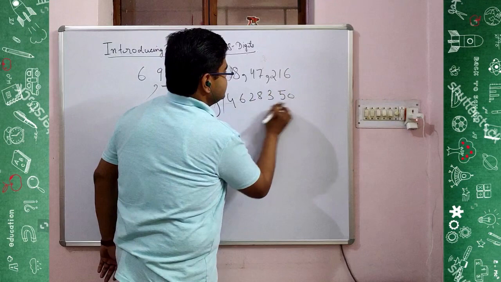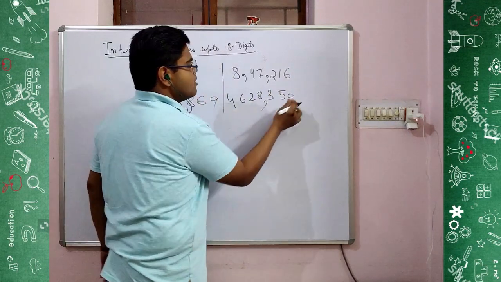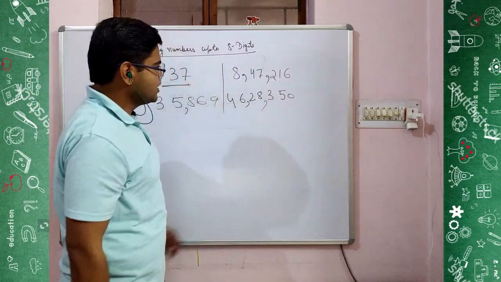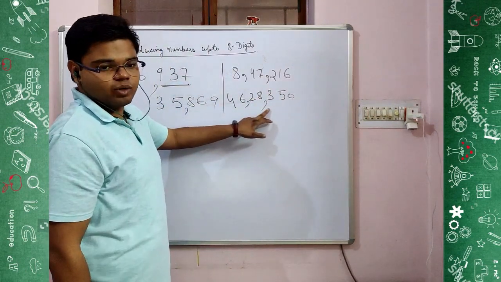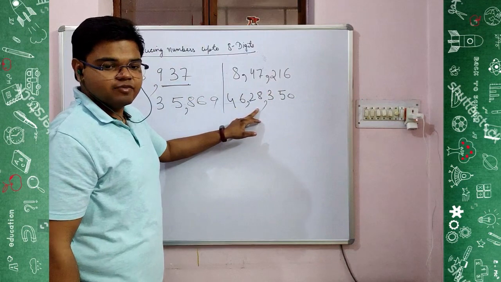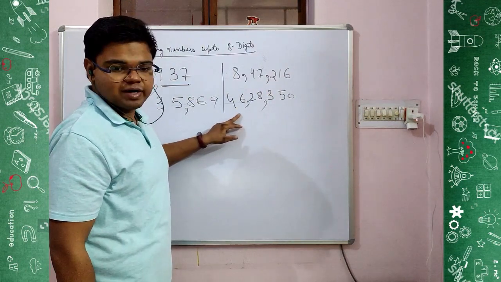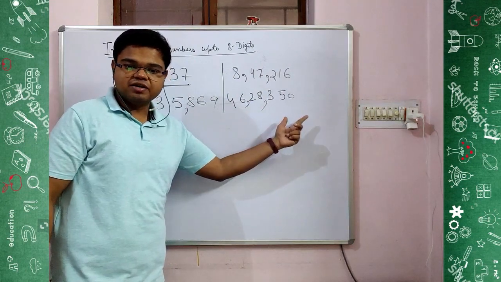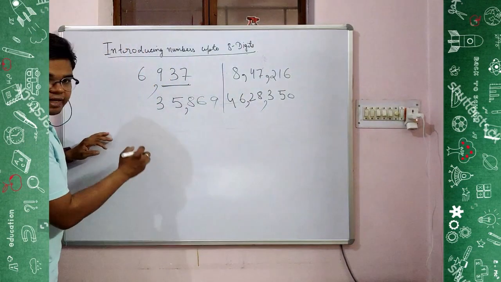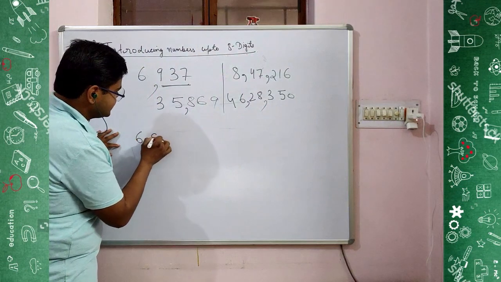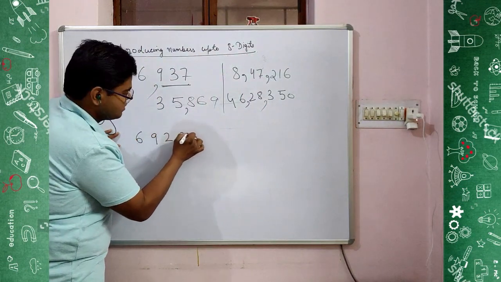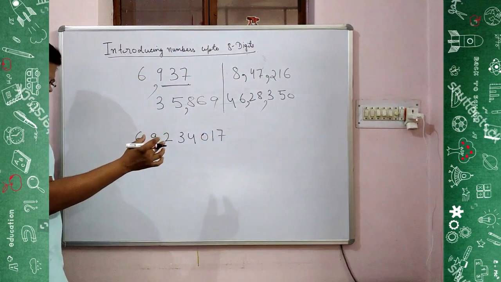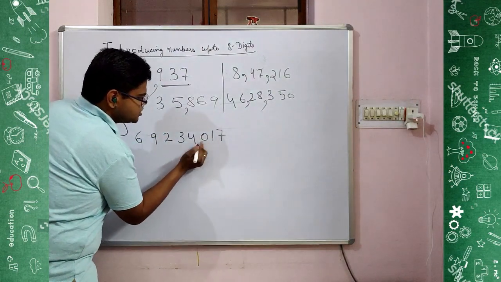Another number: 4628350. First, simply put a comma after three digits, then after every two digits put a comma. So 350 is ones or units, 28 will come in thousands, and 46 will come in lakhs. So 46,28,350. Now the next number, children, 69234017. The simple trick is this, children: just after 3 digits, put a comma.